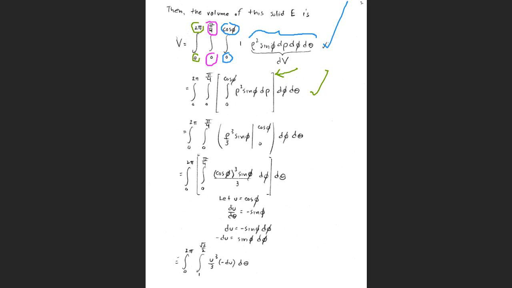I'm going to integrate rho squared sine of phi with respect to rho first. And that means, in this case, you treat the angle phi as a constant for that inner integral.